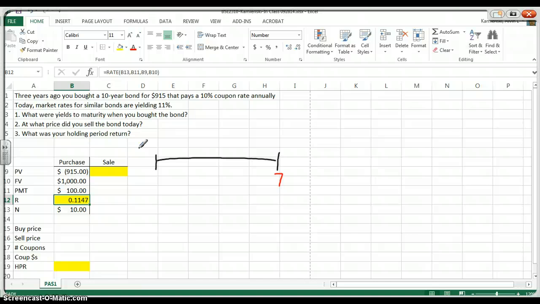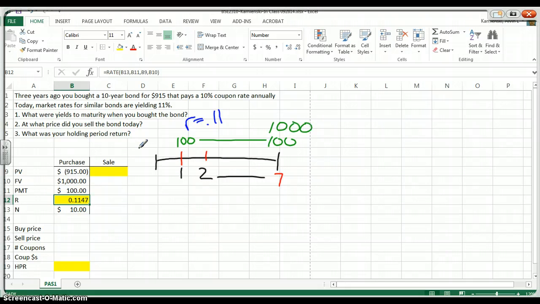The second thing that we know has changed is that the market rates have changed over time. But the things that have not changed are the basic payments that the bond offers you, your $100 annually, and the other thing that has not changed is that promise of the $1,000 par value.